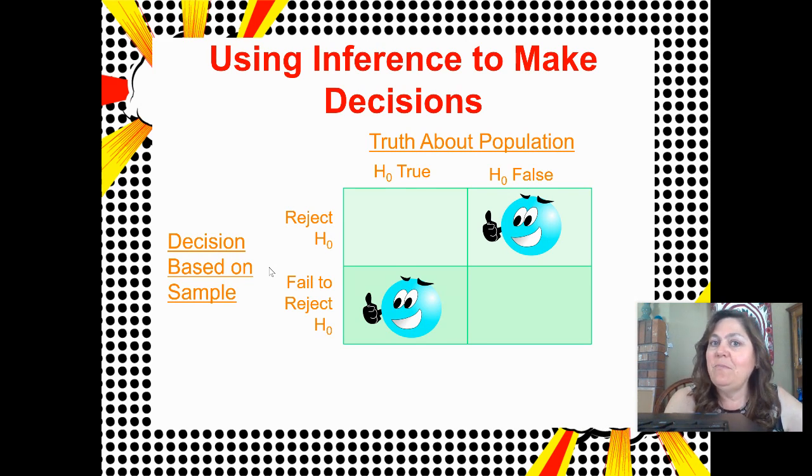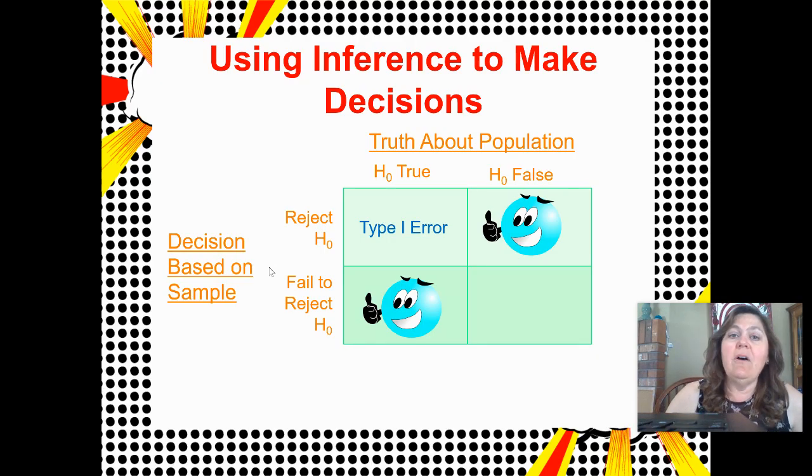Now, the other two boxes will be where we've made our mistakes, where we reject H0, but we shouldn't have, and that is called a type 1 error. We rejected the H0, but in reality, it was true, okay? And that is our 5% error that we can make.